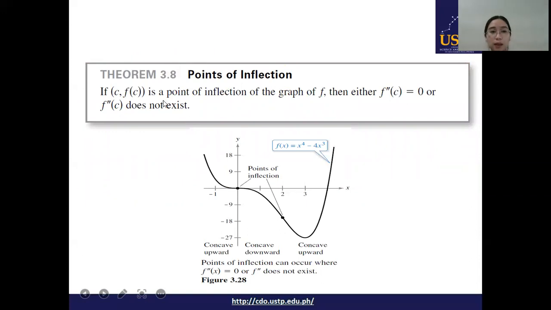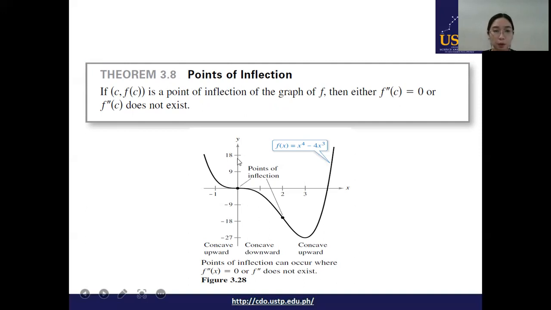So by theorem 3.8, the point of inflection theorem, if c, f of c is a point of inflection of the graph of f, then either the second derivative f double prime of c is equal to 0, or f double prime of c does not exist. So in the extrema, what we look for is the critical point, where we equate the first derivative to 0 or it is non-differentiable. Here, the equivalent is the point of inflection.